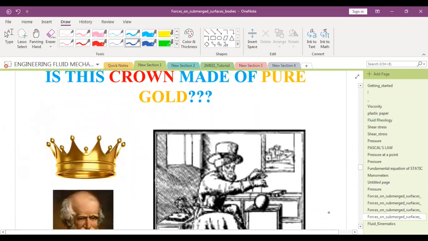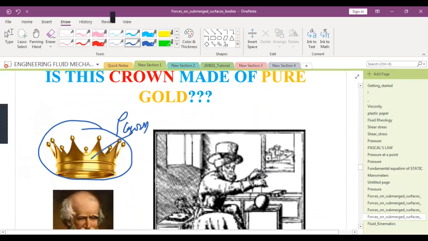And we described the experiment that Archimedes himself was forced to do. He was asked to find out the purity of gold. The purity of gold could be found only if we know the density of the crown. If the density of the crown comes out to be equal to the density of gold, then this crown was made of pure gold.